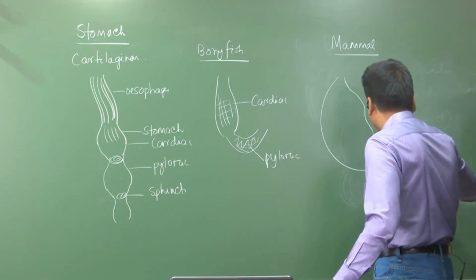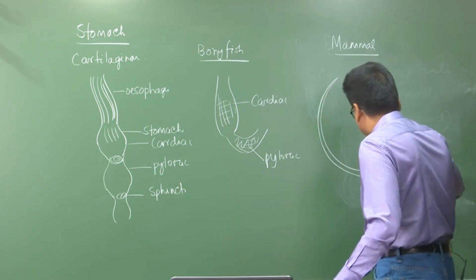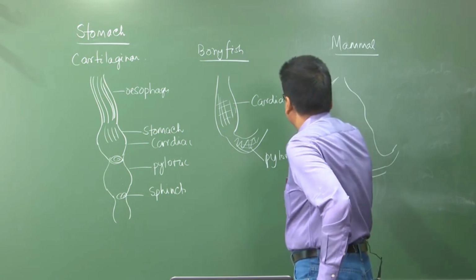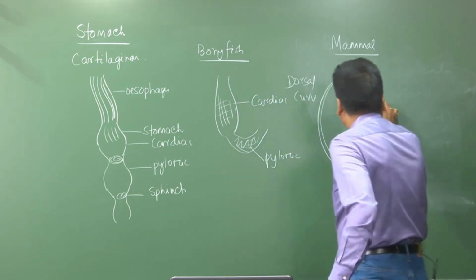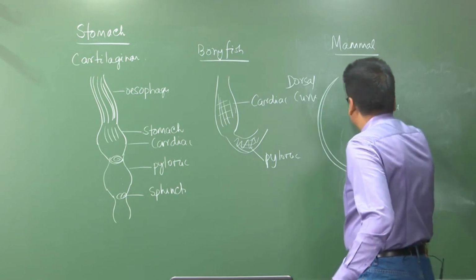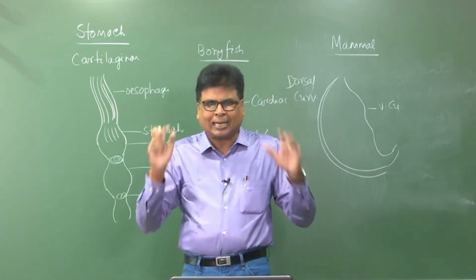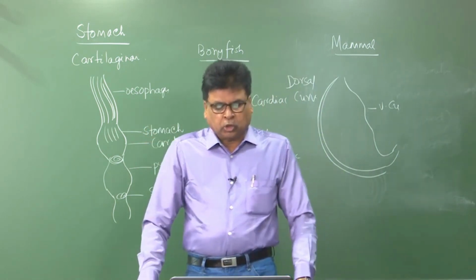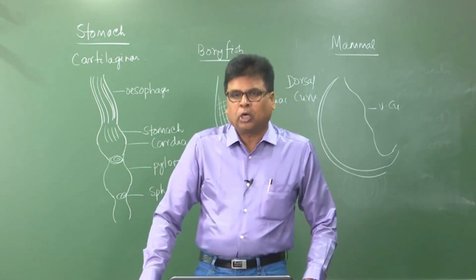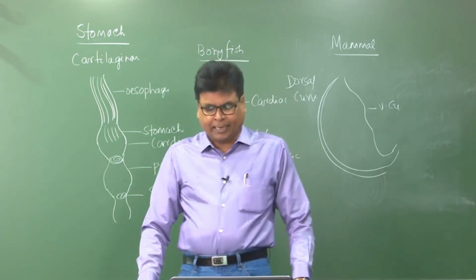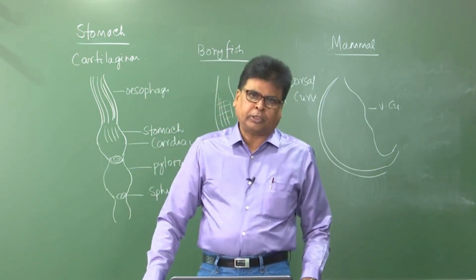The ventral curvature is always lesser than the dorsal curvature. This is a sac-like or bag-like structure. So in mammals like rabbit, man and squirrel, the stomach is a transverse sac with a greater dorsal curvature and a lesser ventral curvature. That is number 1.